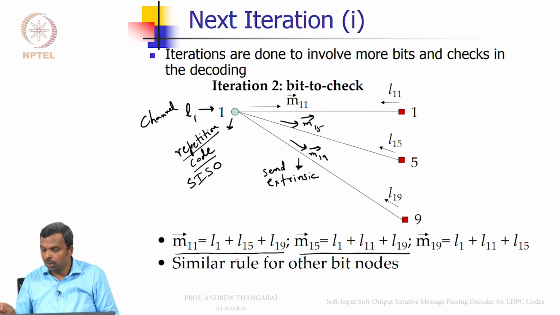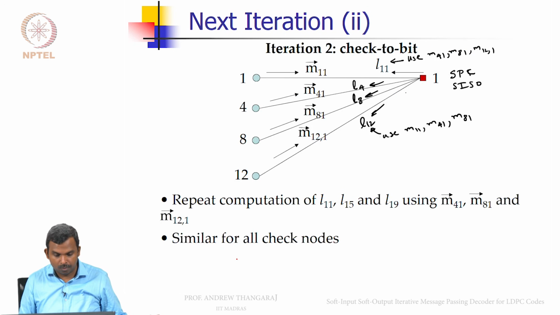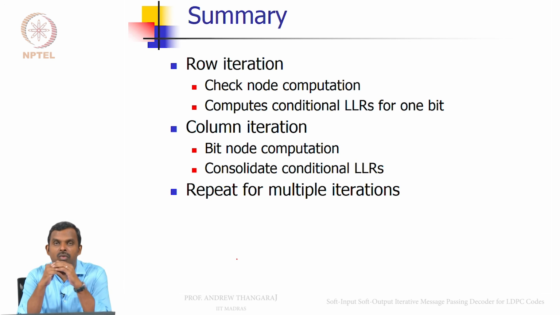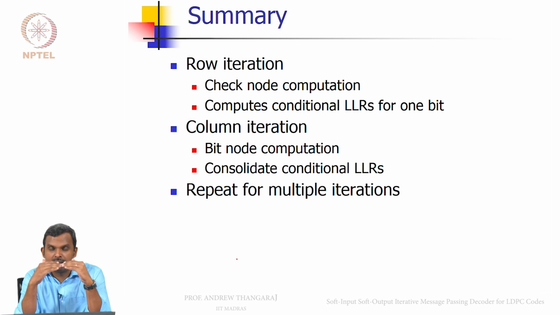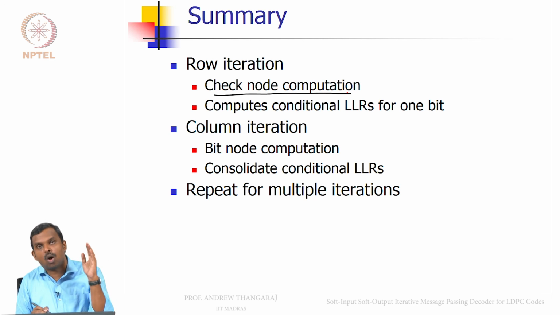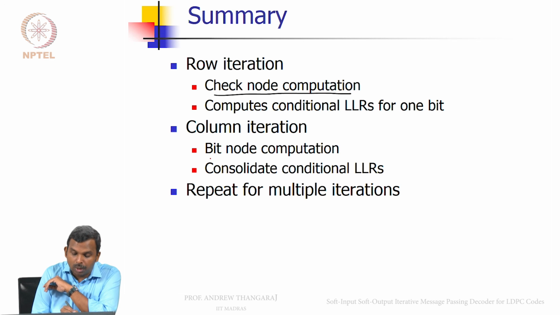Once again, to summarize, there is a row iteration, where all the LLRs are processed in every row. This is the same as the check node computation. Likewise, there is a column iteration, which is a bit node computation.